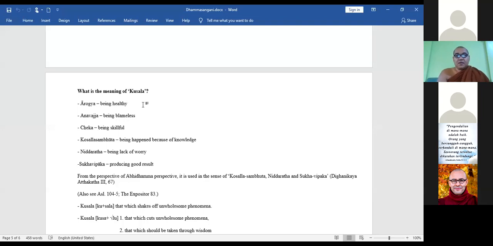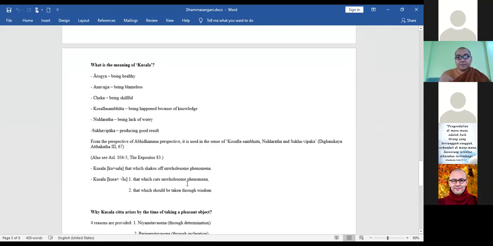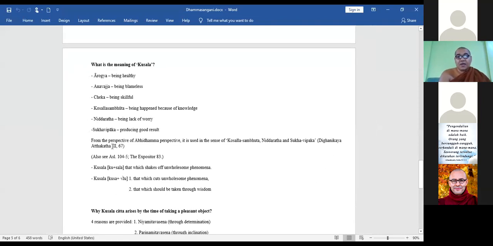Kusala has the meaning of being healthy. It is mostly used according to the Digha Nikaya commentary. Digha Nikaya Atthakatha 3, page number 767.